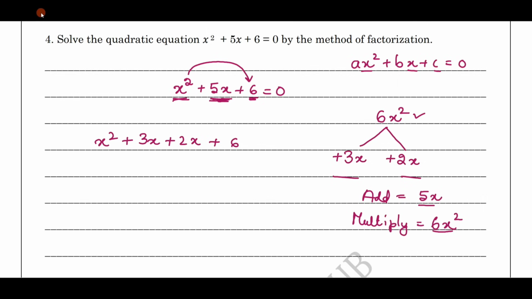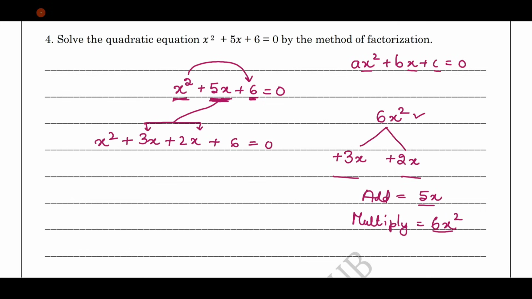I have split the middle term 5x as 3x plus 2x. The first step is splitting the middle term. Multiply first and last term, you will get 6x squared. If you add, you should get 5x. If you multiply, you should get 6x squared. So try to follow all the steps, then you will be able to solve in the examination.